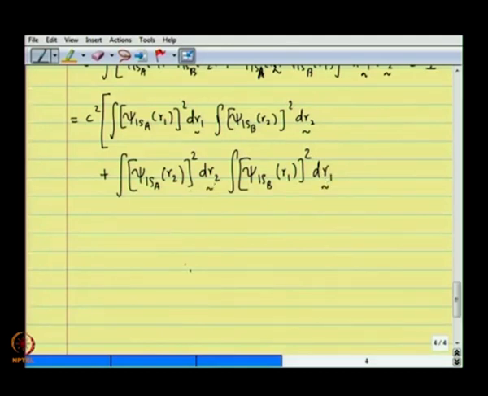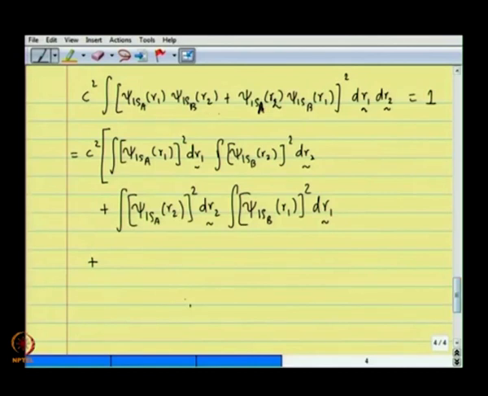So these are all the integrals of the normalized atomic orbitals, and then you have the term which I have called a squared plus b squared, and then we have 2ab.